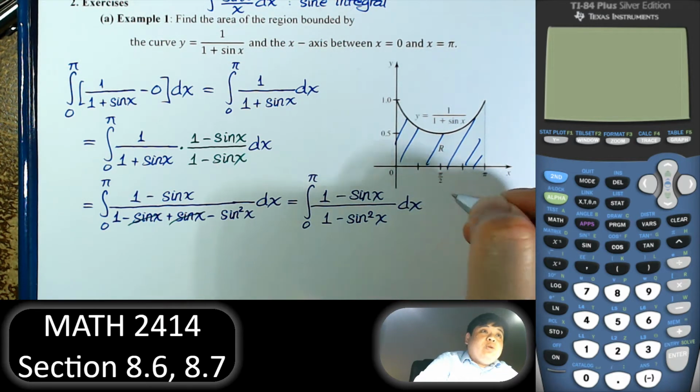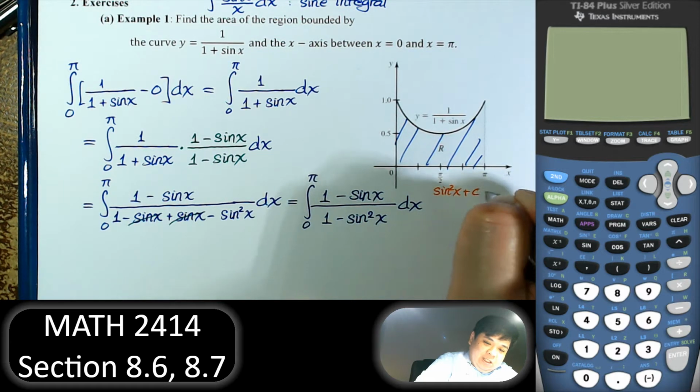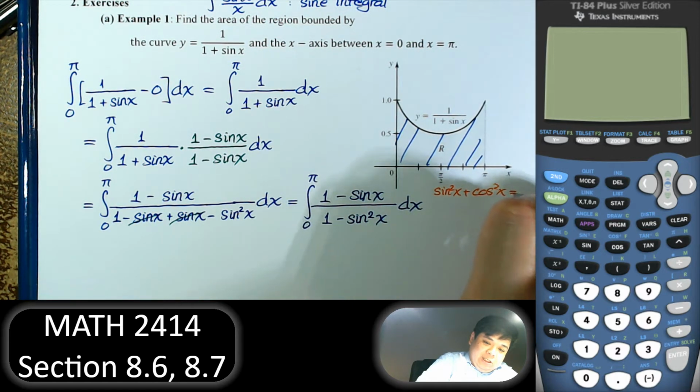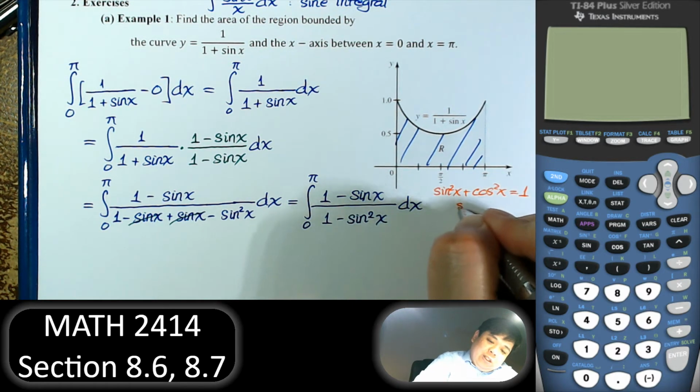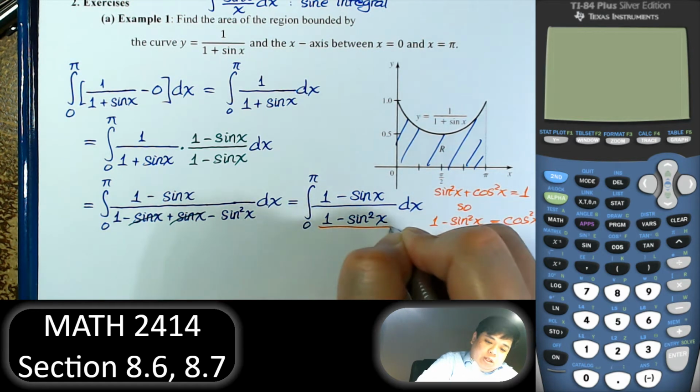Sin square plus cosine square is 1, so 1 minus sin square, subtracting on the other side, is cosine square. And we substitute that.